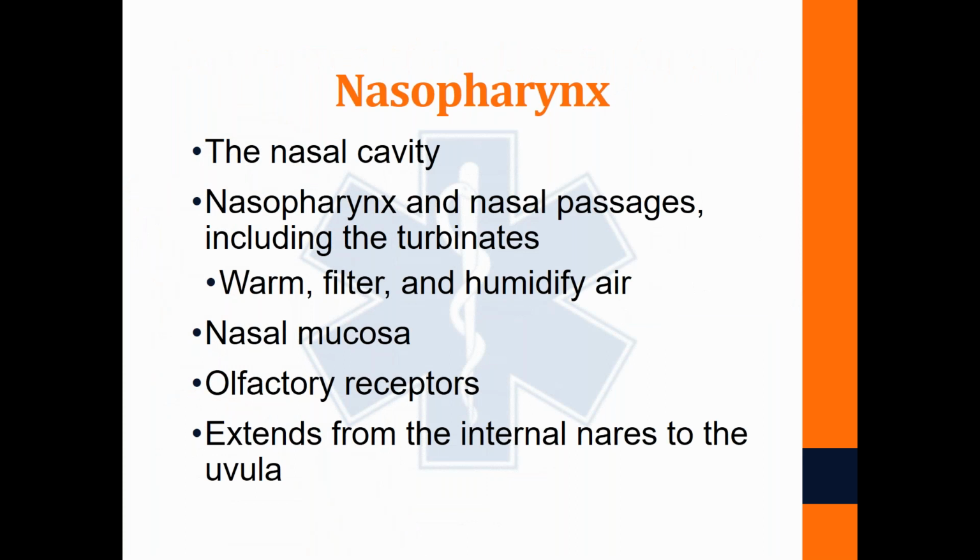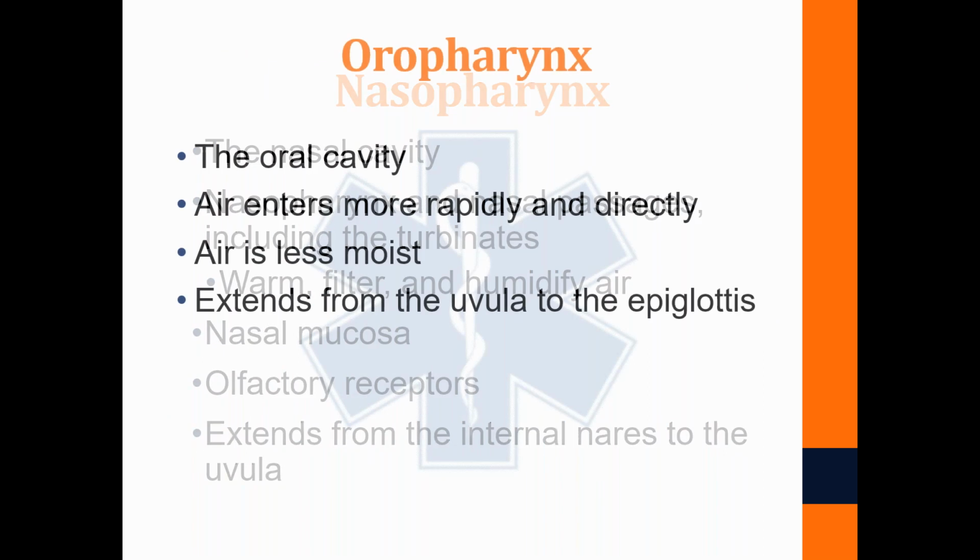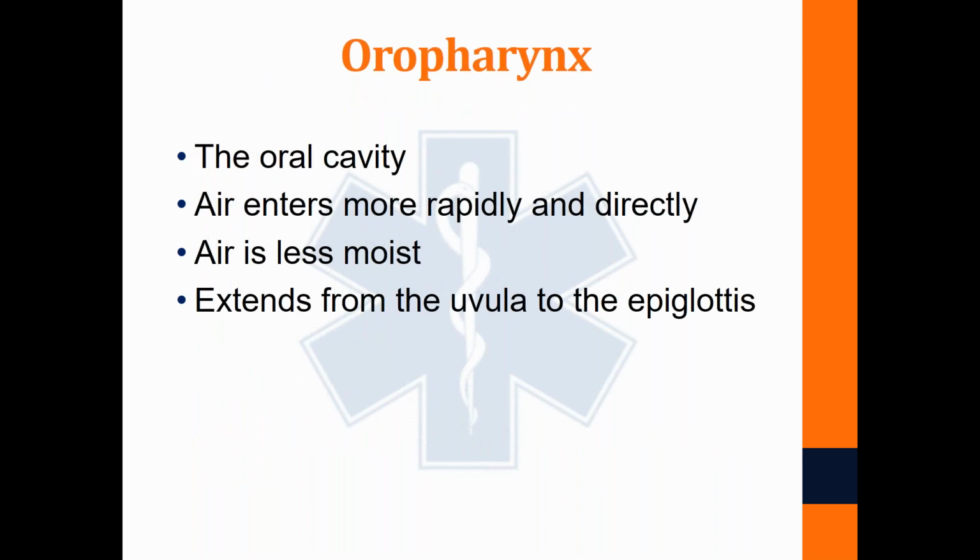Warm, filter, humidify, nasal mucosa, olfactory receptors, and extends to the back. Perfect, perfect. As weird as this sounds, air that enters our respiratory system through the oropharynx is actually less moistened than air that comes in through our nose.